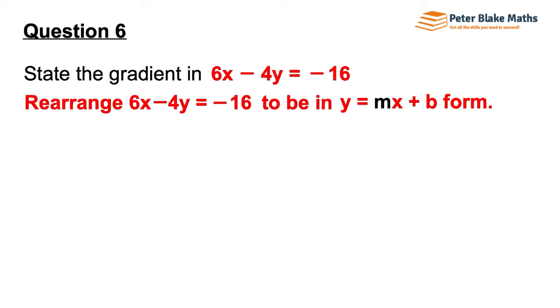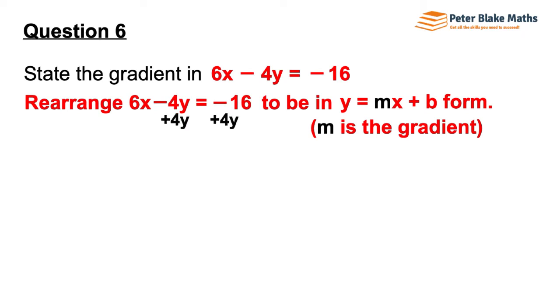We want y on its own on the left hand side and the rest of it all on the right hand side. This is going to take us a while. Okay, m is going to be the gradient there, and once it's in that y equals mx plus b form, we can just read off whatever number is in front of the x, that'll be our gradient. But we need to get it in that form first.